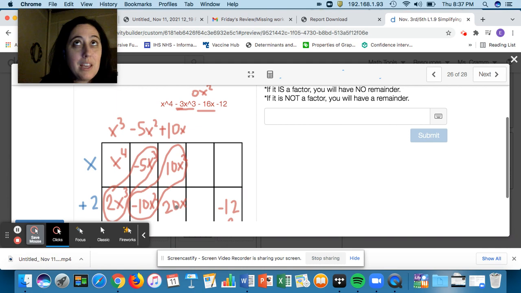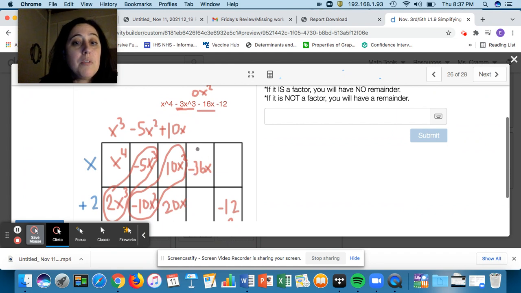So 20 minus 36x would give me negative 16x. In your calculators, do that: 20 minus 36 gives you negative 16.